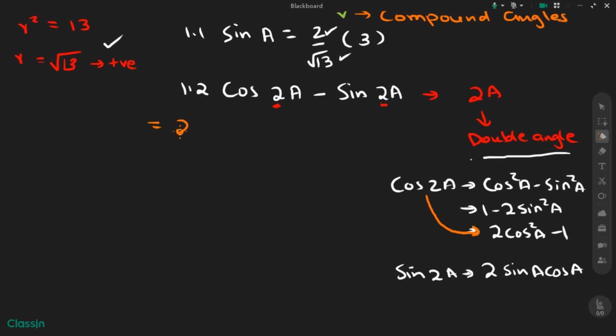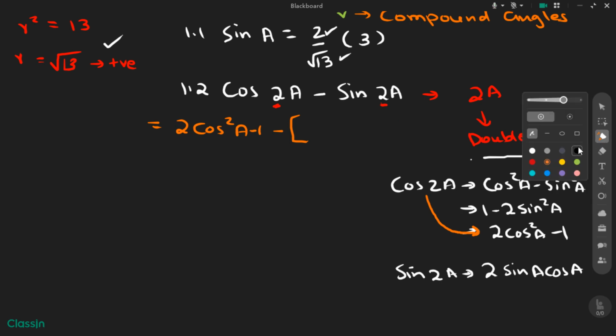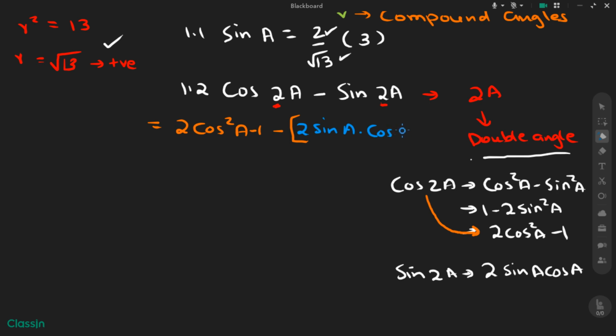In place of cos 2a, we write 2 cos squared a minus 1, minus, and in place of sine 2a, we write 2 sine a multiplied by cos a.